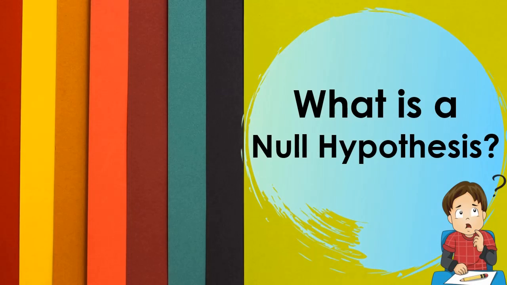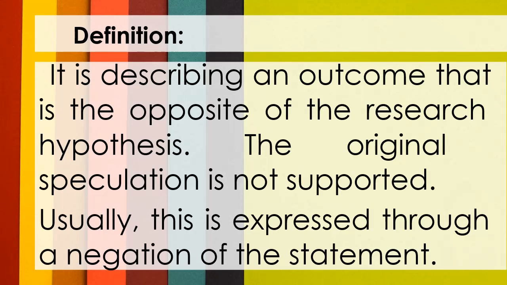What is a null hypothesis? A null hypothesis describes an outcome that is the opposite of the research hypothesis. The original speculation is not supported. Usually, this is expressed through a negation of the statement.